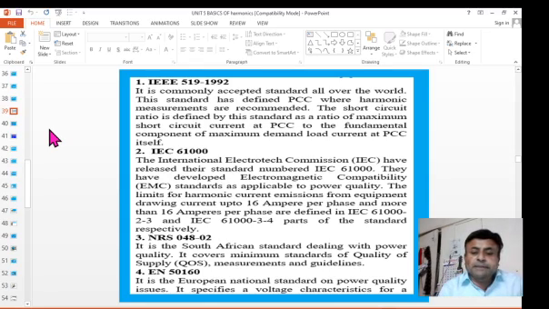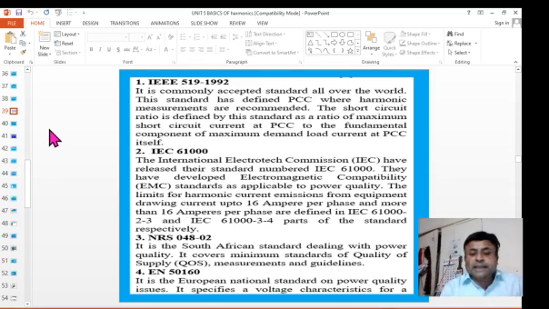The limits of harmonic current emissions from equipment drawing current up to 16 amperes per phase, and more than 16 amperes per phase, are defined in IEC 61000-3-2 and IEC 61000-3-4 parts of the standard respectively.